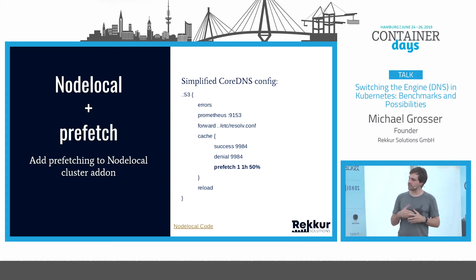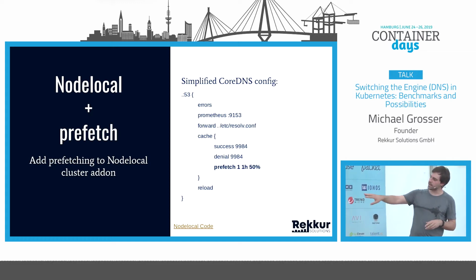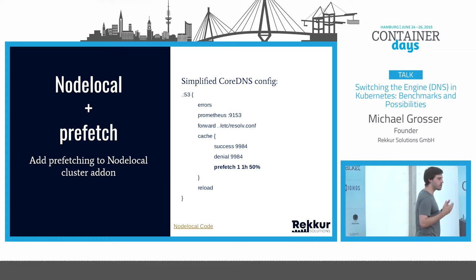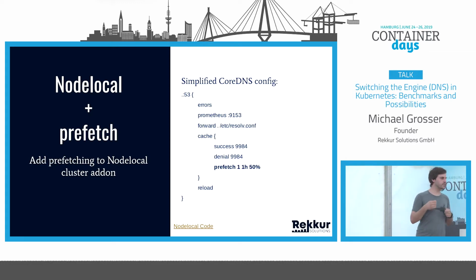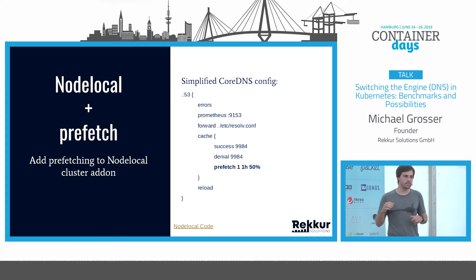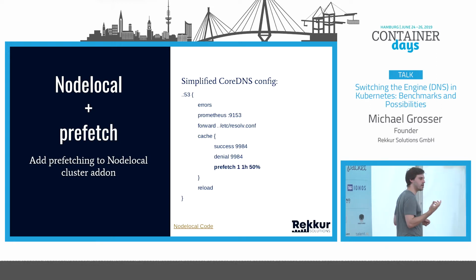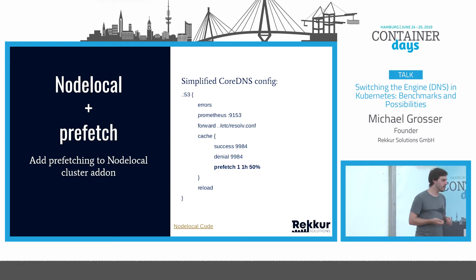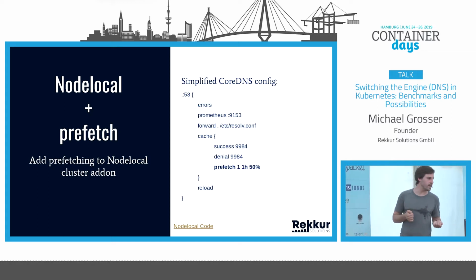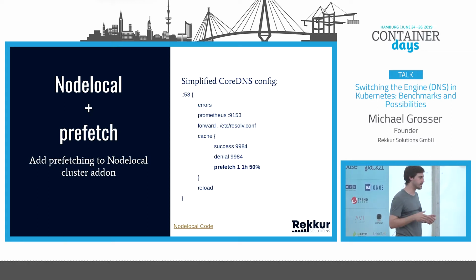In this specific case, we can see here that we added the prefetch. So we already have a cache, but the problem is if you request a lot of different DNS names or queries, it might not hit on the first try because it's a cold cache. So we can prefetch hot records to basically circumvent that and further lower the tail latency.